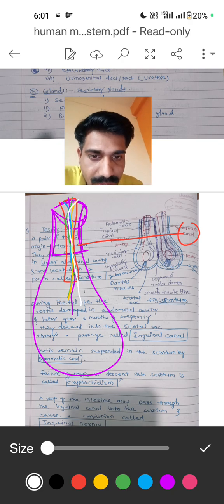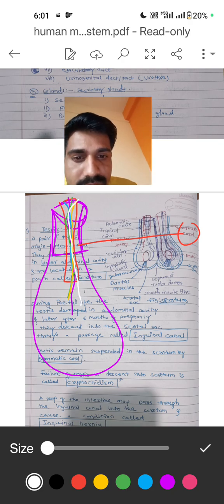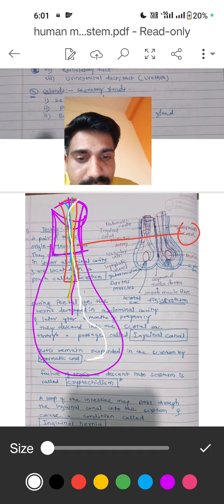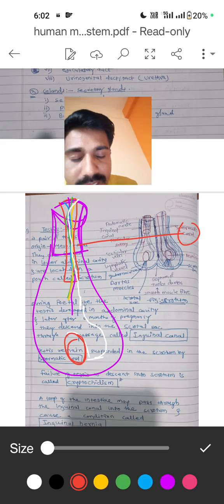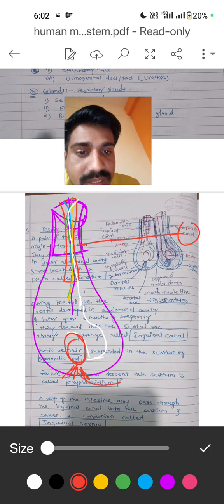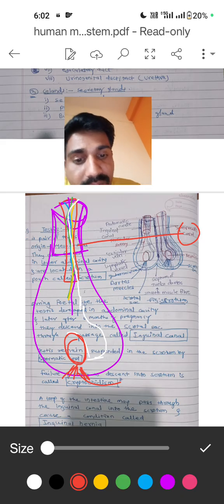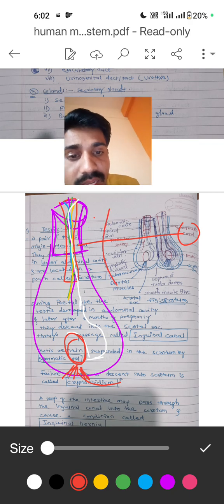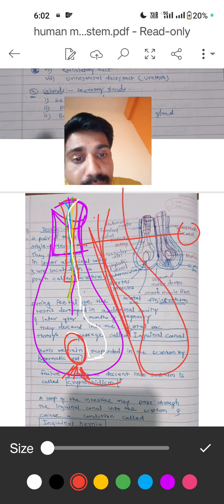The vas deferens comes out from the epididymis. Here is a testis, and the testis is attached to the scrotal sac by a short fibromuscular band known as the gubernaculum. In between the two scrotal sacs there is a band-like structure.